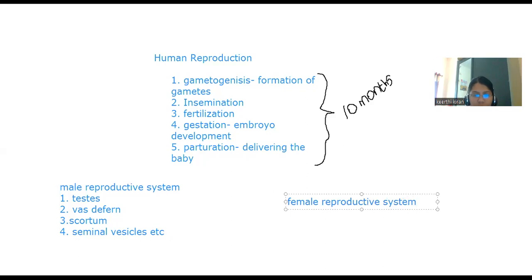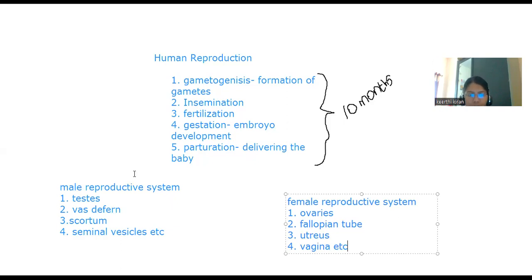The first one is the ovaries, fallopian tube, uterus, vagina, etc. So these are the main organs.